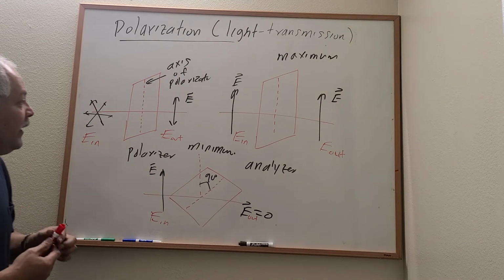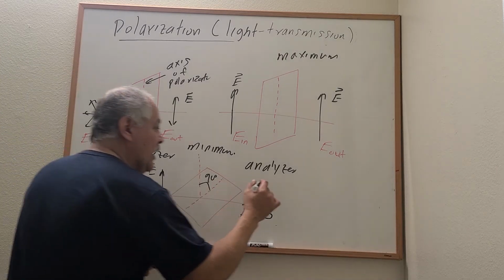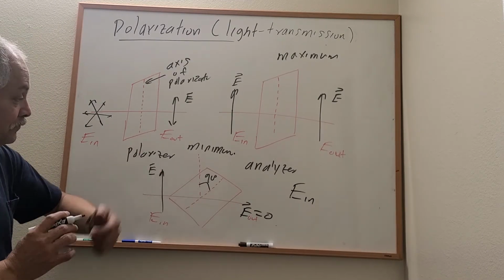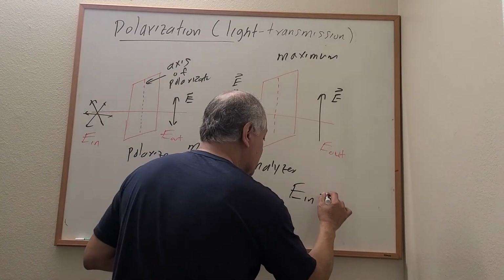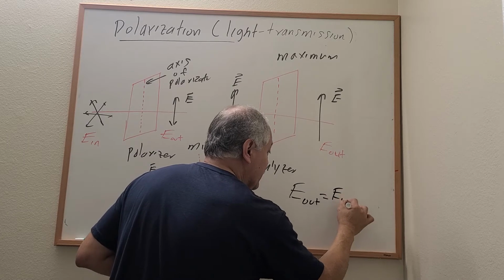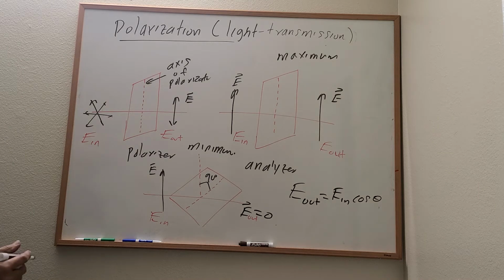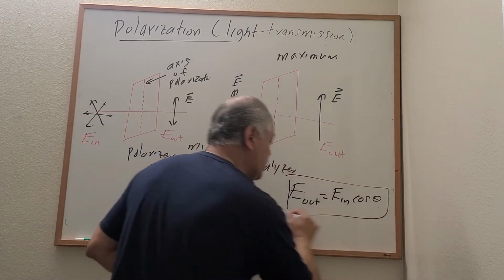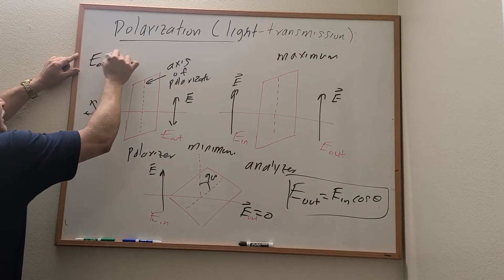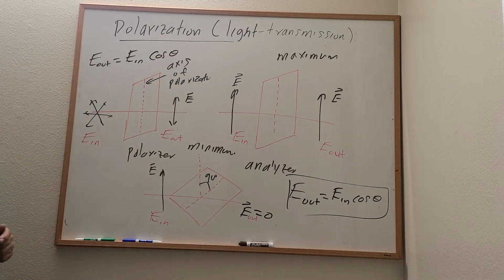So we can create a general equation: the transmitted electric field equals the incident electric field times cosine of the angle theta. So we derive this important equation when we're dealing with polarizers: this intensity equals this intensity times cosine of the angle theta, correct?